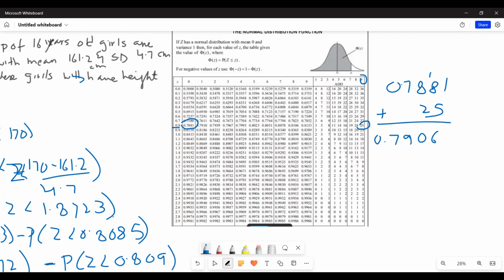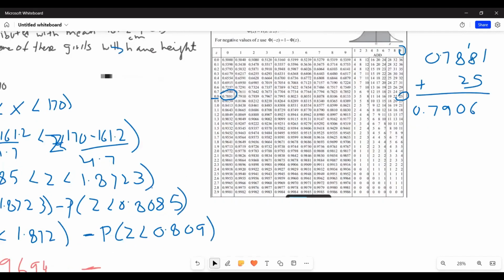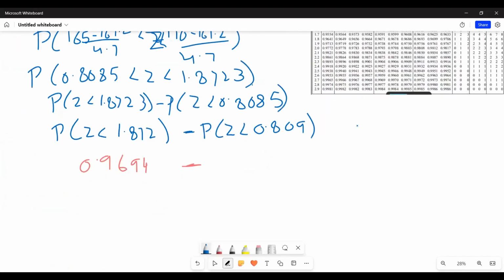Now you subtract the two values, which gives 0.1788.